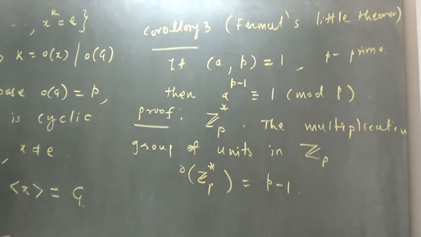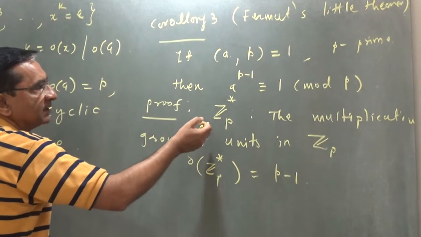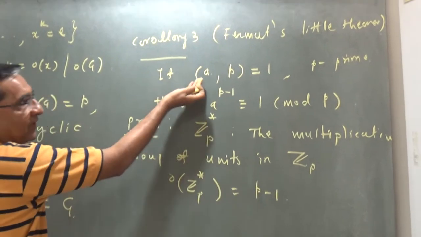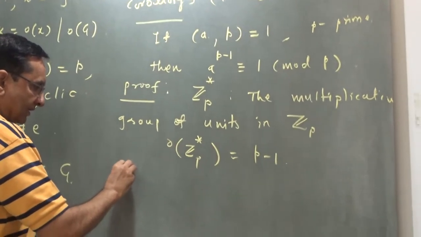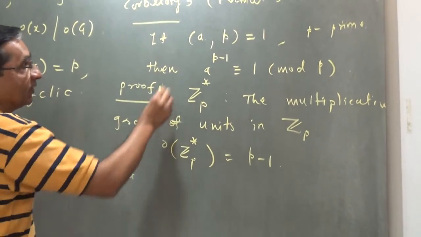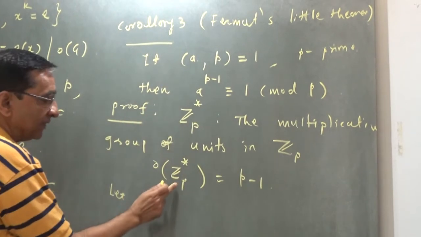Now if I take any element A in this Zp star, that is, any integer which is co-prime with P, I can think of A as an element in Zp star.